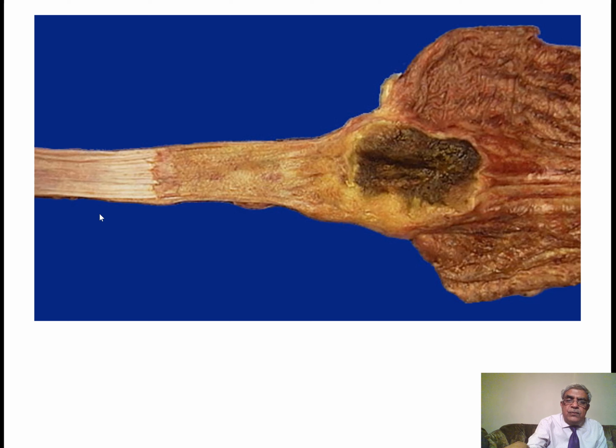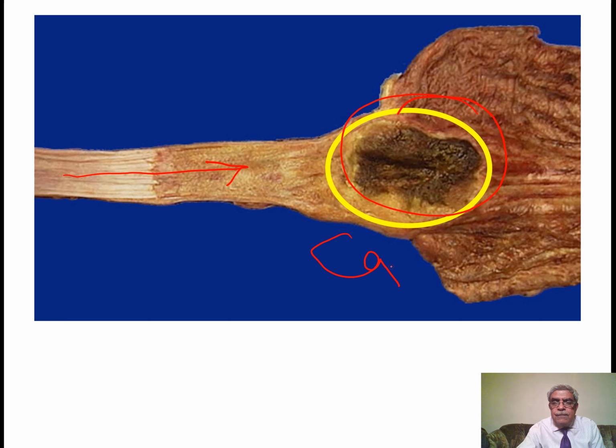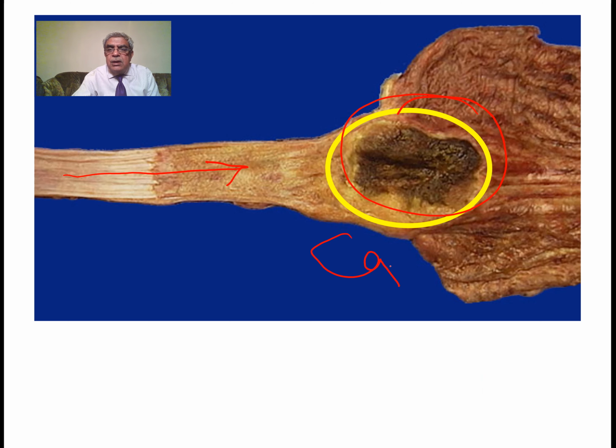This is the esophagus, and this area shows, see, adenocarcinoma or gross appearance of carcinoma, marked with yellow circle and red circle.